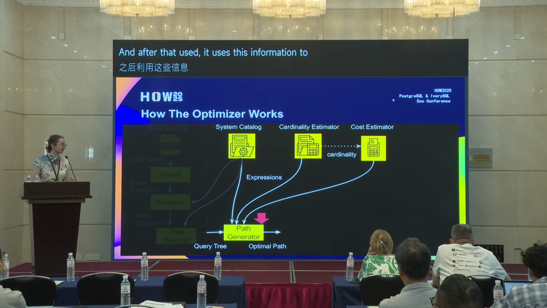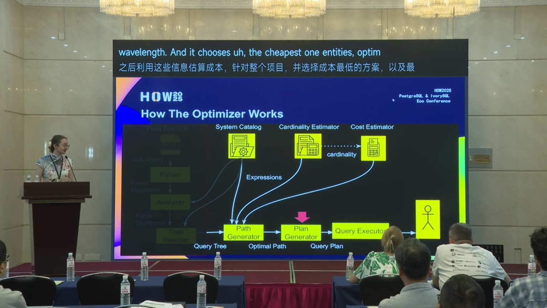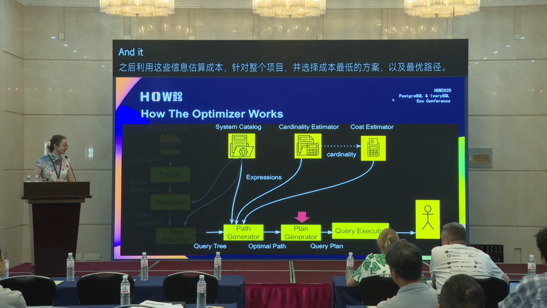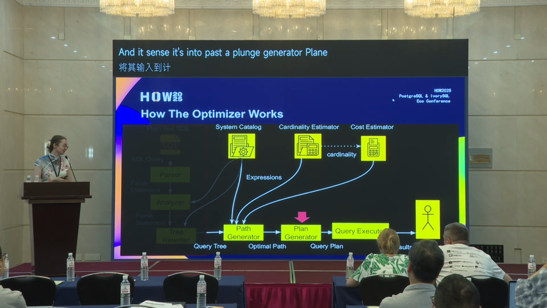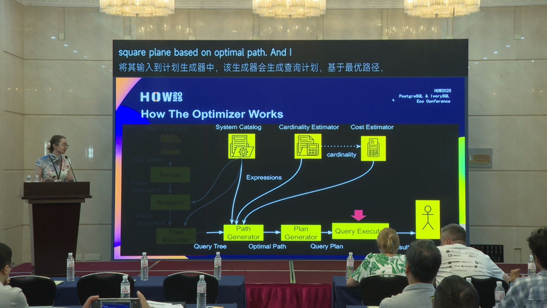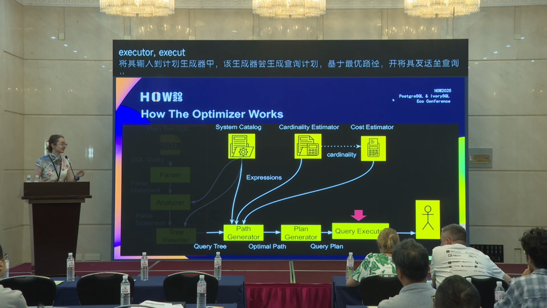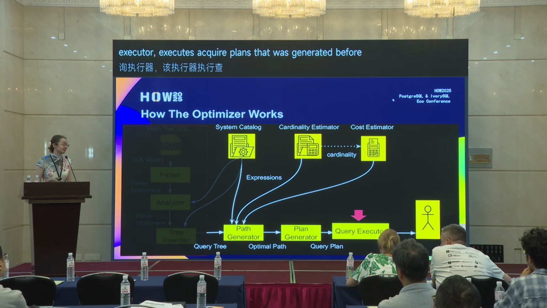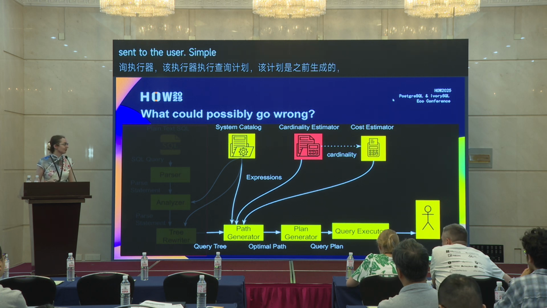And it chooses the cheapest one, and it is optimal path, and it sends it into plan generator. Plan generator generates query plan based on optimal path, and it sends it to the query executor. Query executor executes a query plan that was generated before, and the results will be sent to the user. Simple. What could possibly go wrong?